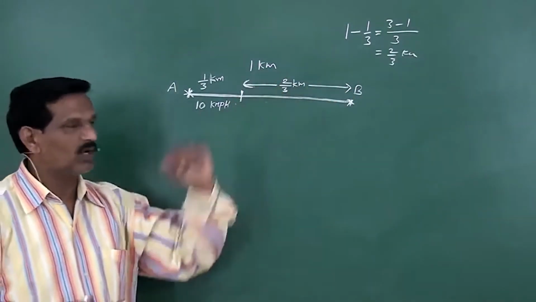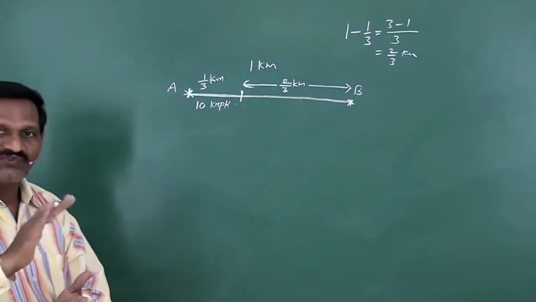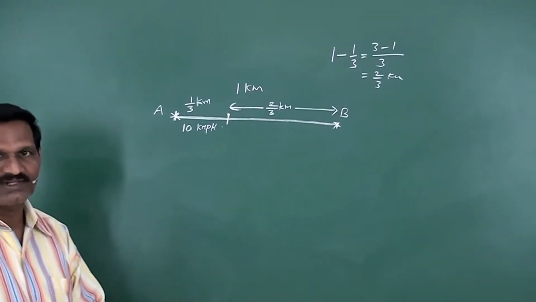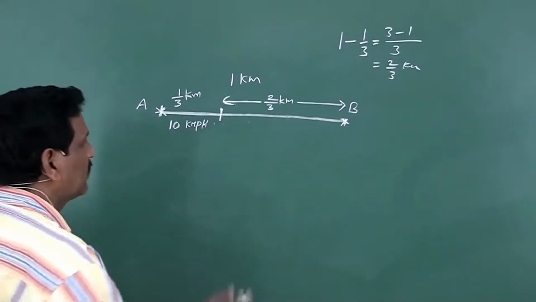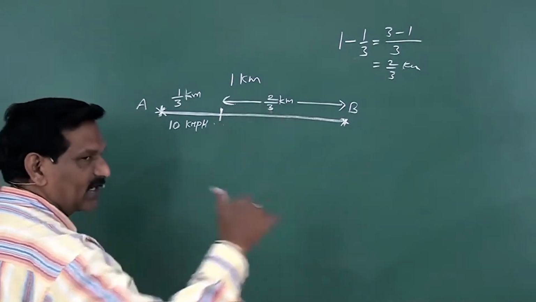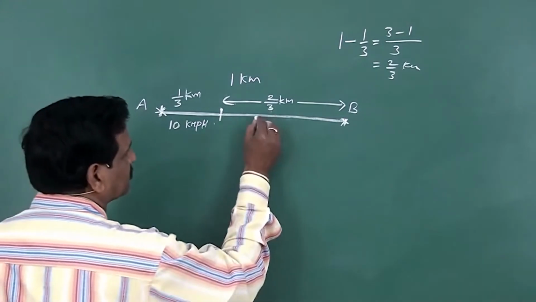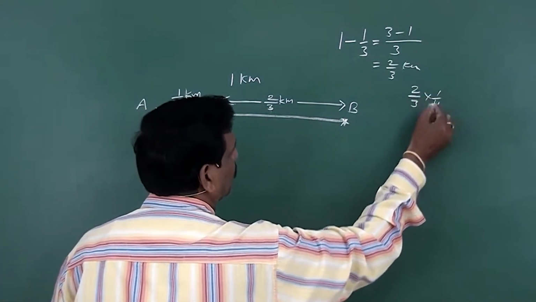Out of this 2/3 kilometer, again you have to take 1/4. So 1/4 of 2/3. Next 1/4 means 1/4 of the remaining distance. Here remaining distance is 2/3. Out of this 2/3, again we have to take 1/4 value. 1/4 value means it becomes 2/3 into 1/4.